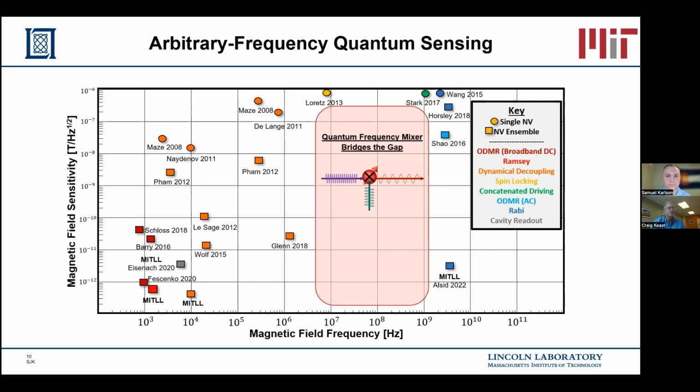Next question, what are the challenges in building arrays, ensembles of these NV diamond sensor magnetometers? Could you say that one more time? The challenges in building arrays of these devices. I think you have a planar surface of these NV centers that you're imaging with a focal plane, right?